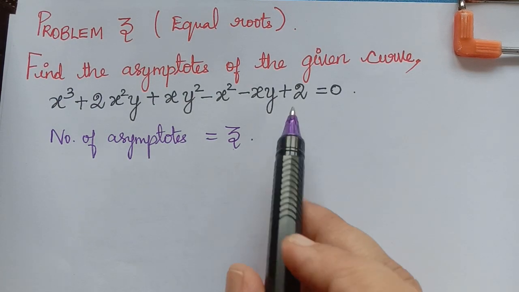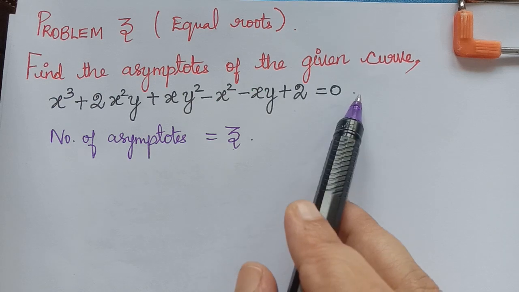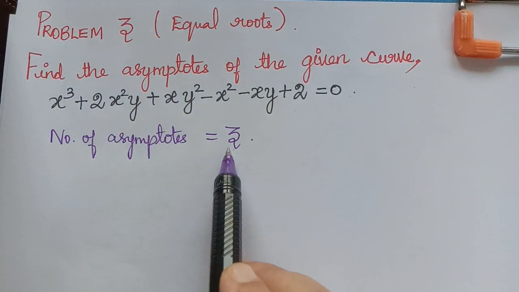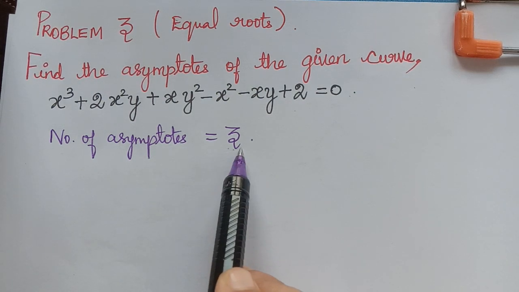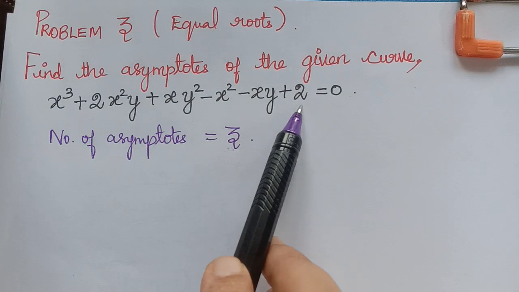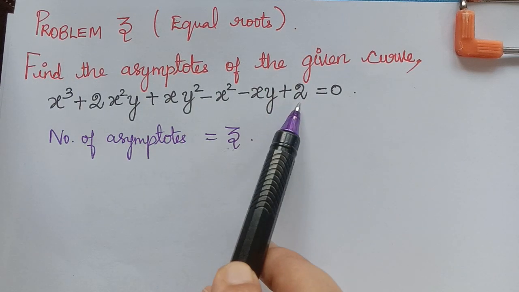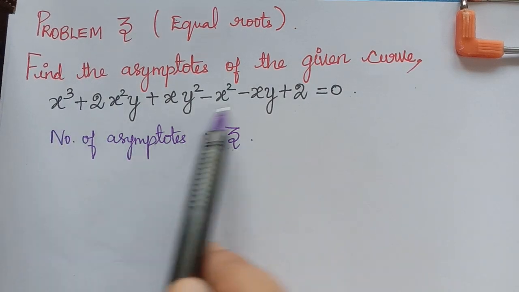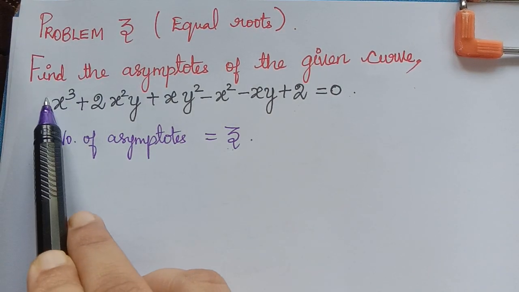First we have to check whether parallel asymptotes exist for this equation or not. For which, what is the maximum degree? It is 3. We have to check the coefficient of x cube in this given curve, whether it exists or not. So if we check, we have x cube term in this equation whose coefficient is 1.